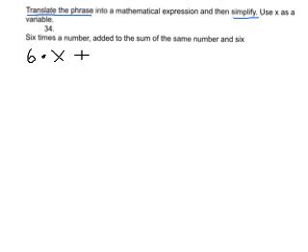Whenever you see sum, difference, quotient, or product, you're going to put parentheses around the stuff it's talking about. So the sum of the same number would be x again, and 6.